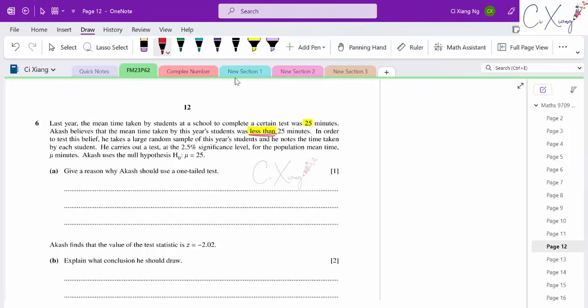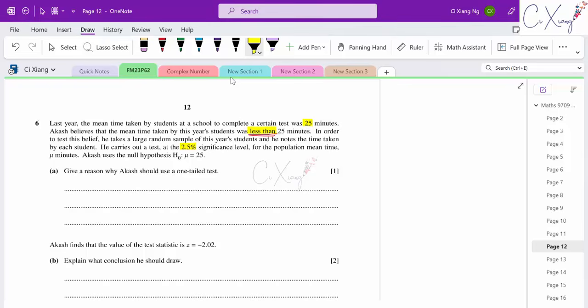In order to test this belief, he takes a large random sample of this year's students and he notes the time taken by each student. He carried out a test at 2.5% significance level for the population mean time, mu. Okay, so Akash used the null hypothesis where mu equals 25. So give a reason why Akash should use a one-tail test.